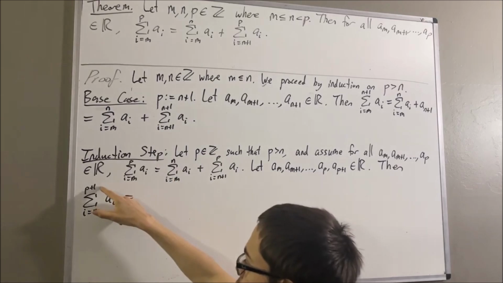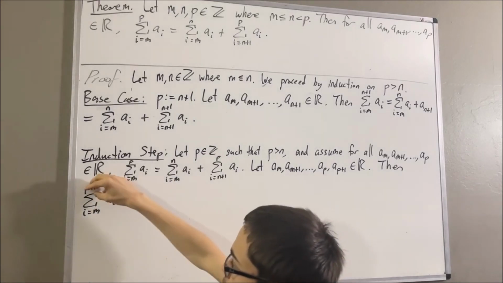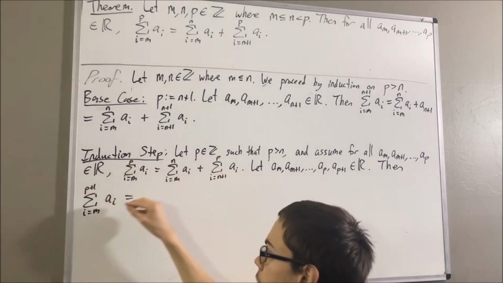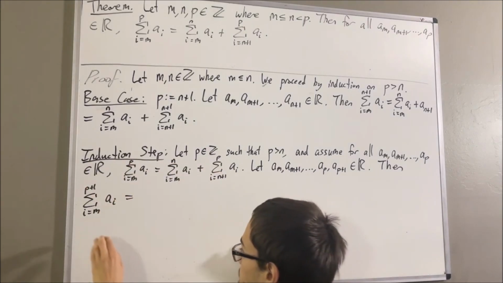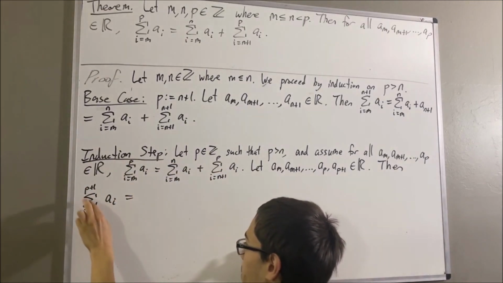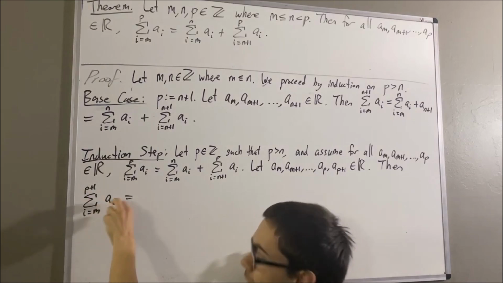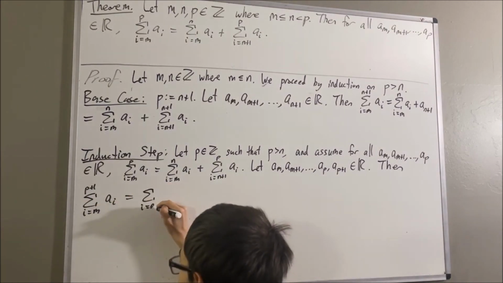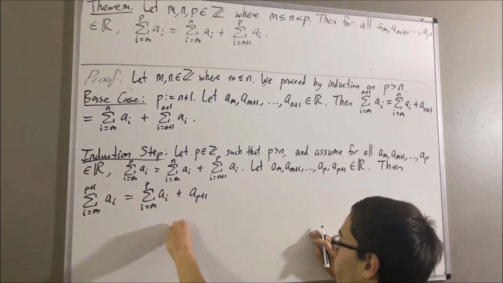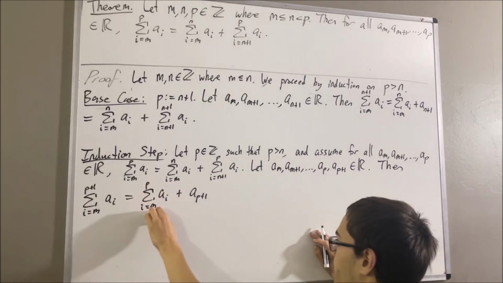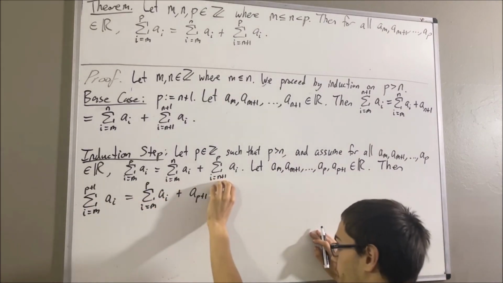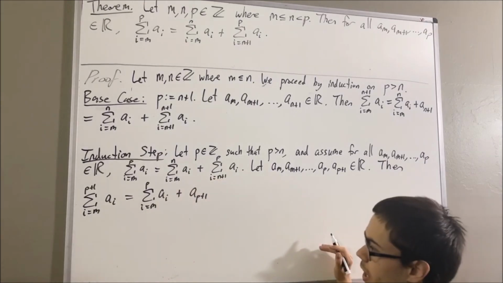Now, since p plus 1 is strictly bigger than m, we can pull away the p plus 1th term of this sum. And so we can rewrite this as the sum from i equals m to p of ai plus ap plus 1. Now, we would like to rewrite this sum as this sum plus this sum. And we're actually allowed to do that, right?